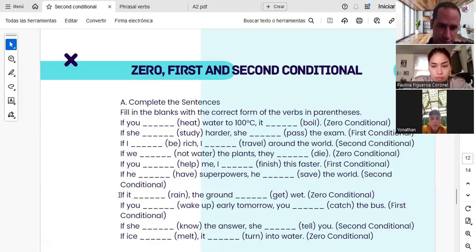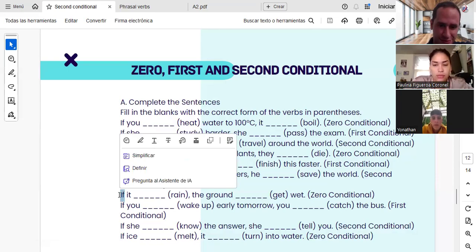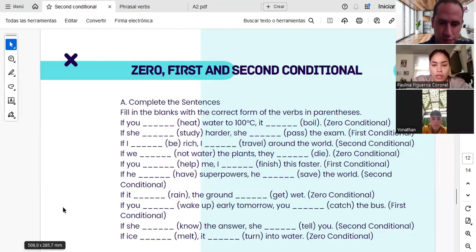The next one, Jonathan, please. Zero conditional. If it rains, the ground gets wet. Awesome. Well done. You included the third person rule. Paulina, please continue. First conditional. If you wake up early tomorrow, you will catch the bus. Awesome. Well done, Paulina. You're on fire.